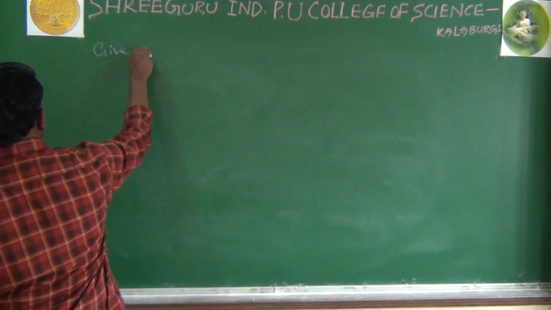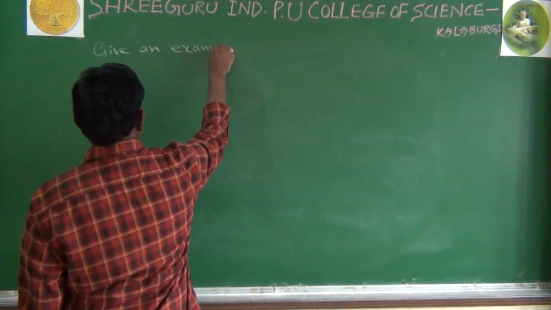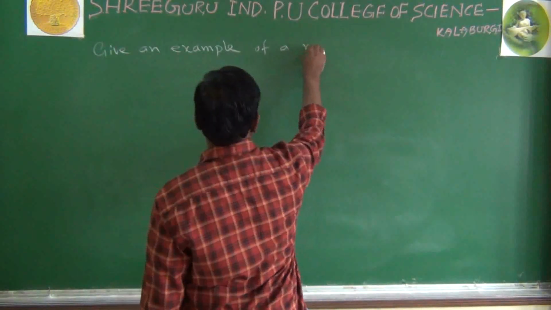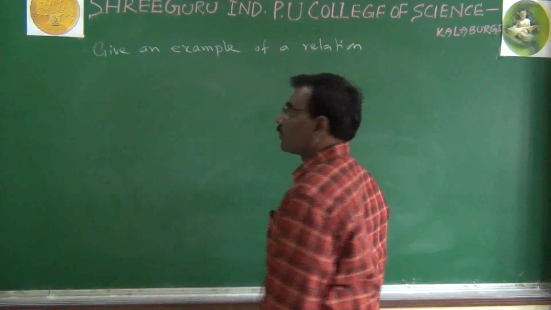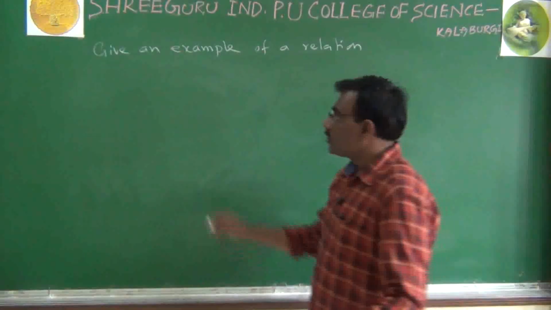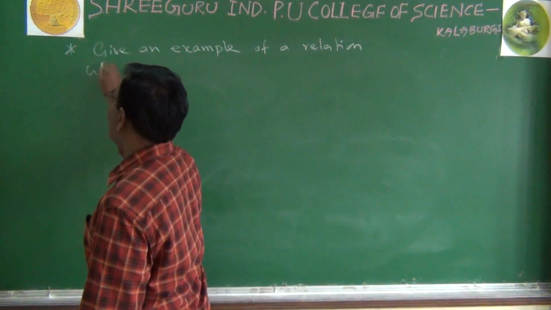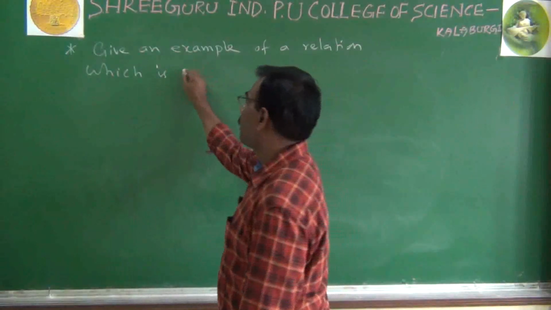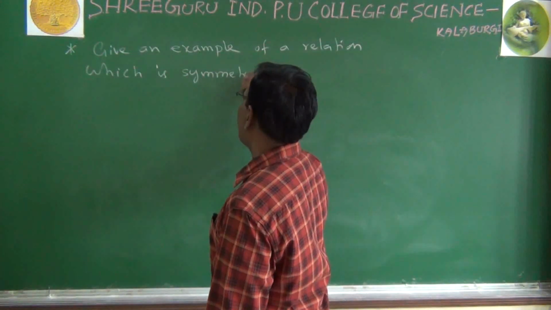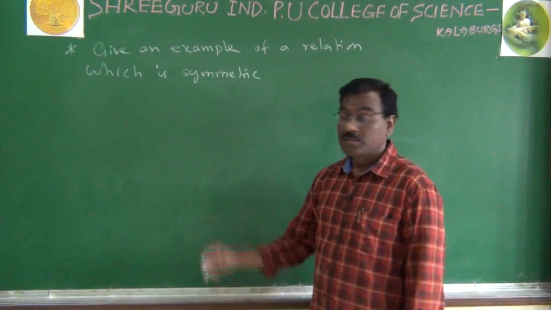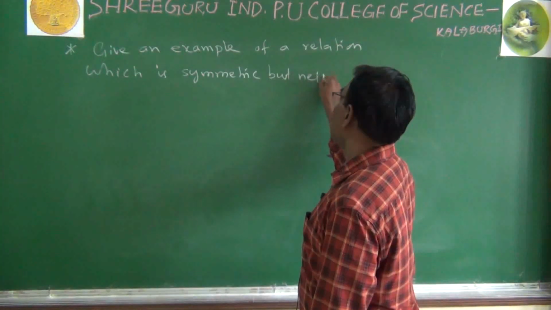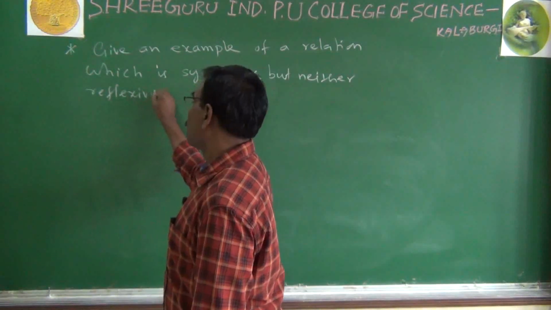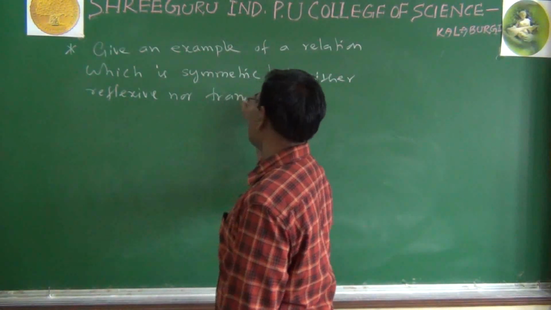Give an example of a relation which is symmetric, but neither reflexive nor transitive.